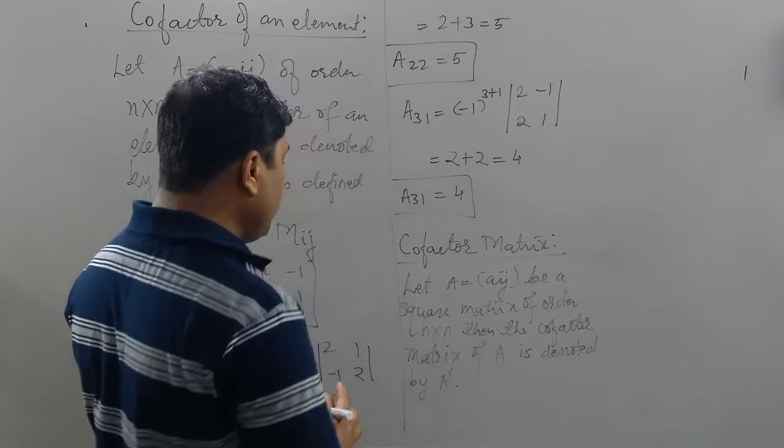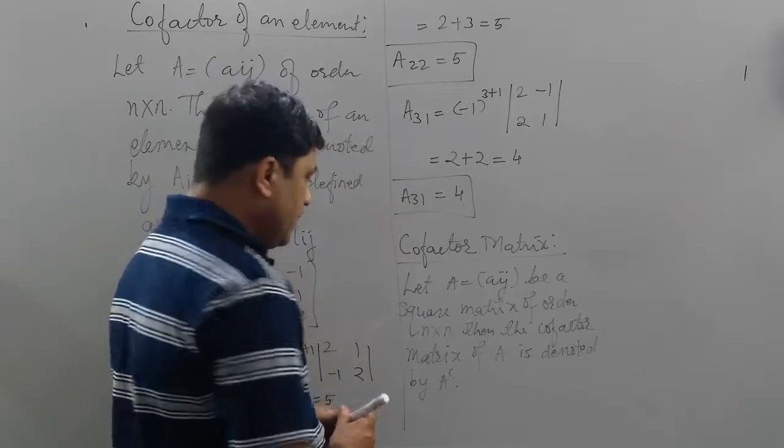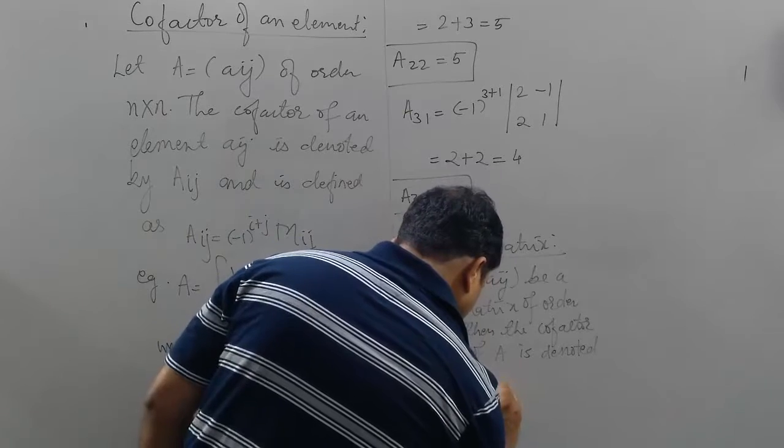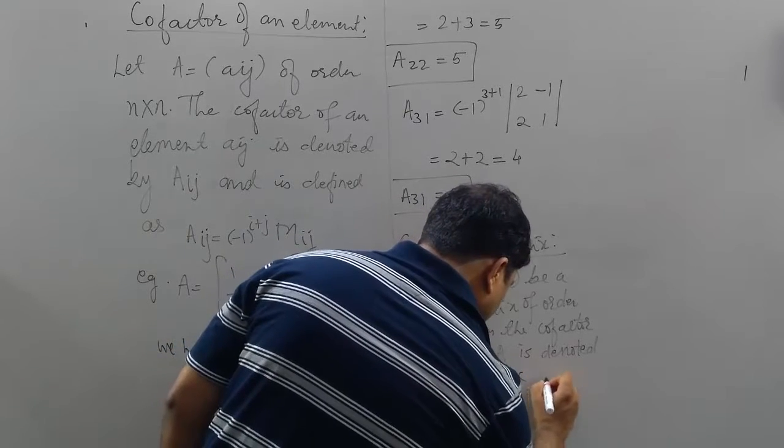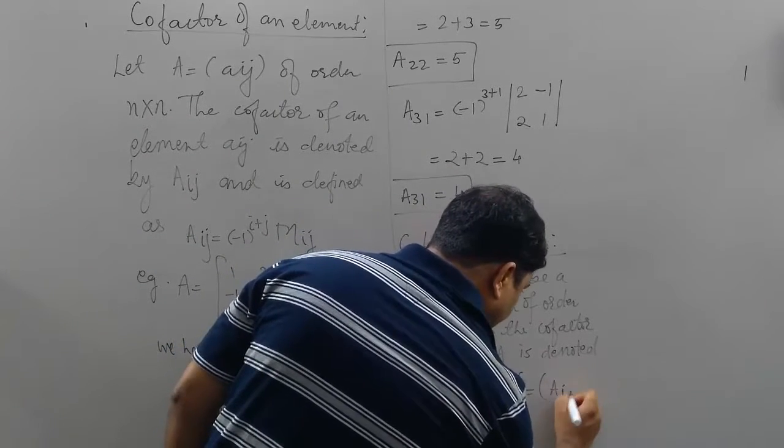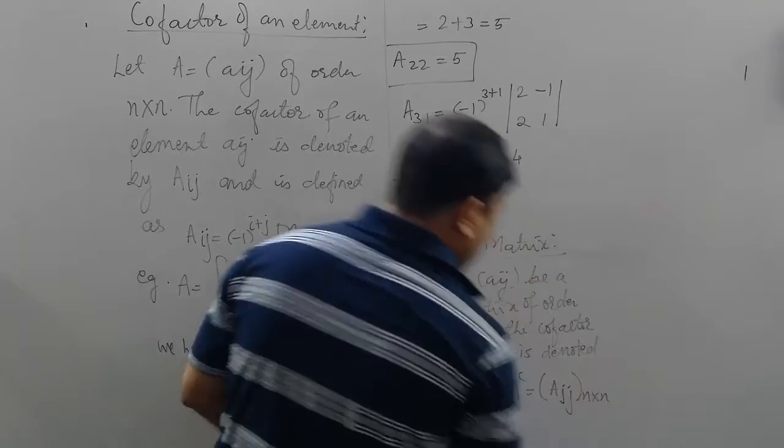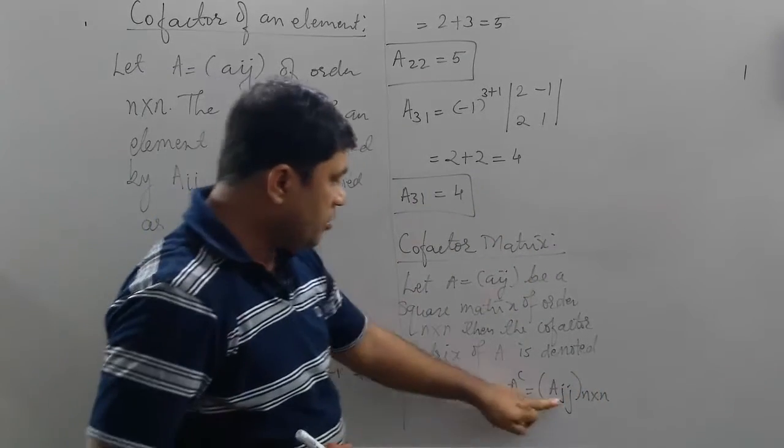So, this A cofactor is actually the matrix of all cofactors, that is, A cofactor is equal to Aij, and this is also of the same order n cross n.